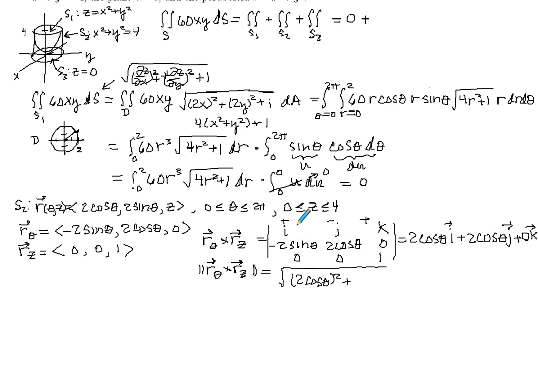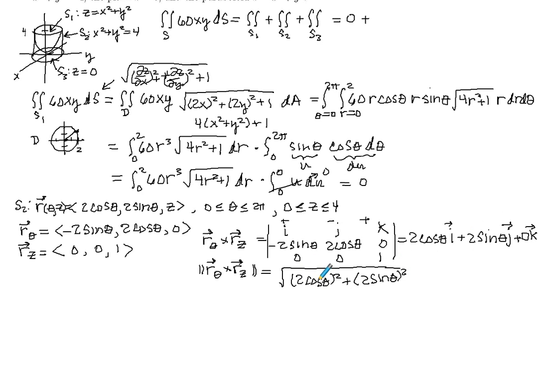What did I do? The second one: if I leave out the row and column for j, this is negative 2 sine theta times 1, and this should be 2 sine theta. Sorry about that. So then 2 sine theta, quantity squared, and then 0 squared on the end.